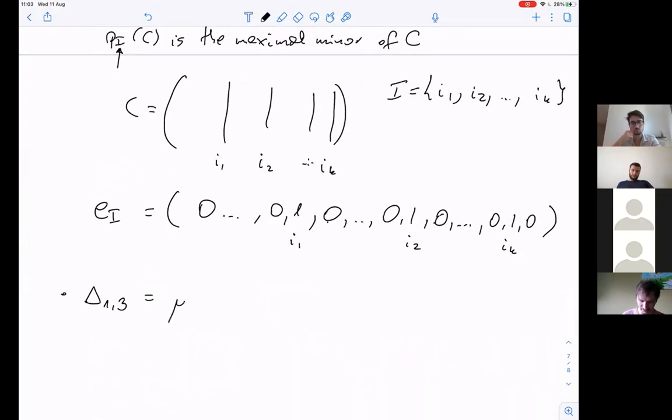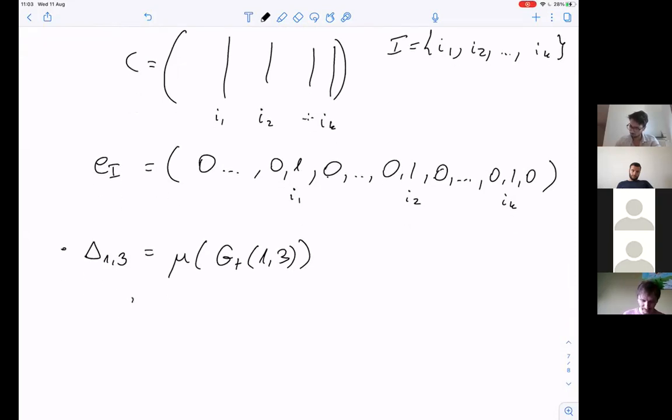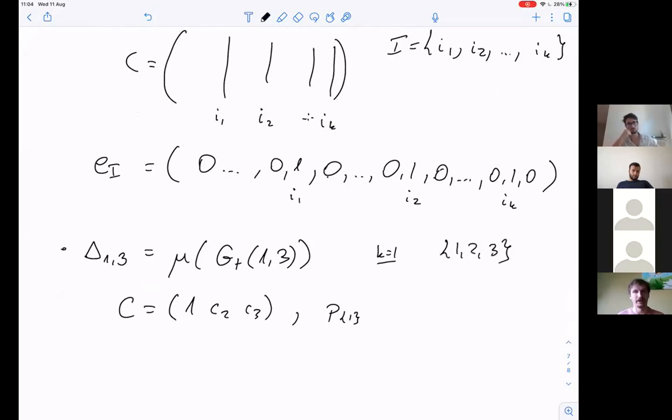By definition, this is just the image of the positive Grassmannian 1, 3. If I take elements of G plus 1, 3, they look like this: matrices 1, C2, C3. And then I can calculate all these maximal minors. Now k is equal to 1, which means that I need to take a one element subset of the set 1, 2, and 3. So that gives three capital I's.